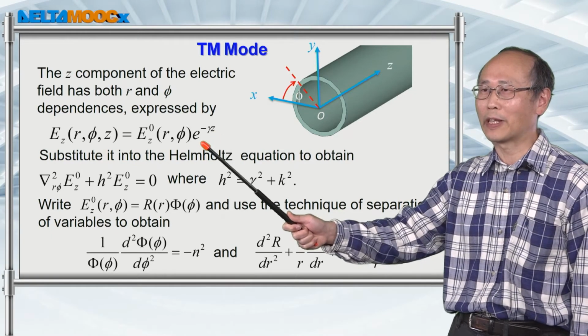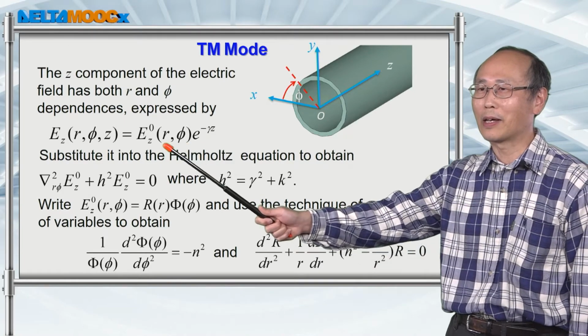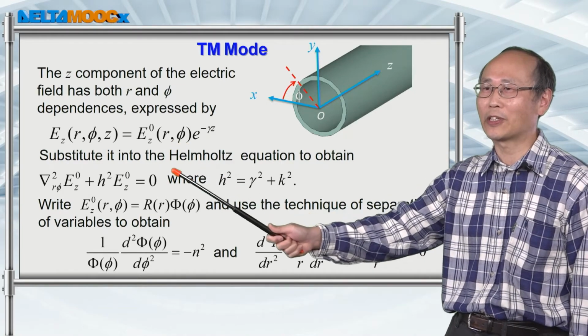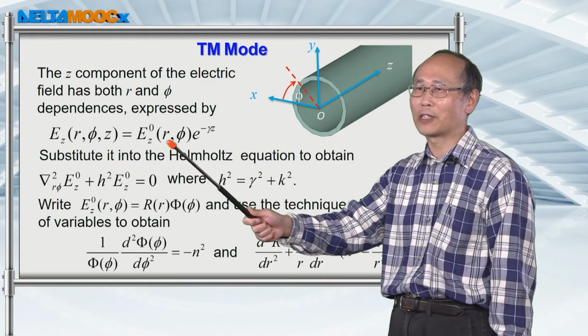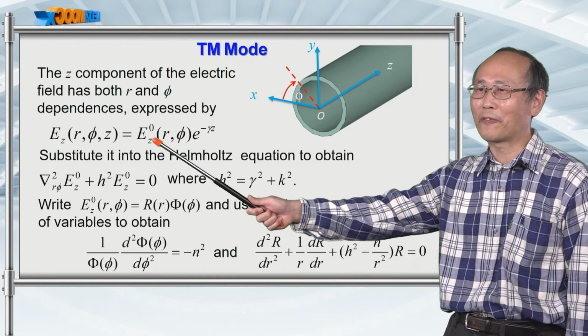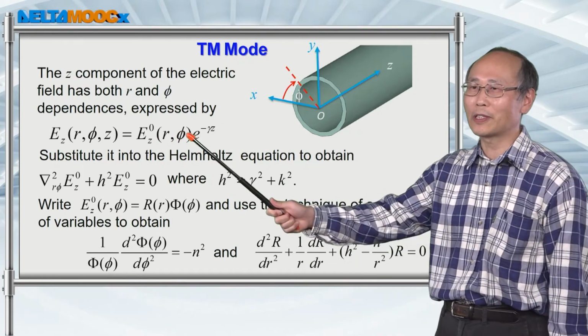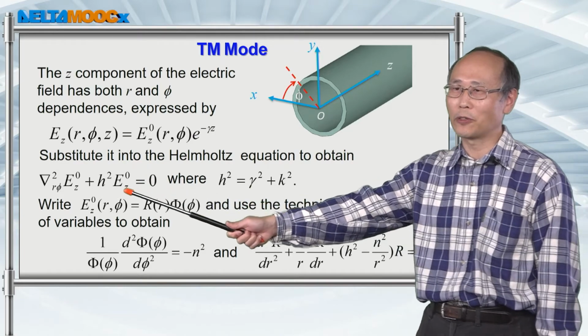So you put exponential minus gamma z here. And along the transverse direction, the field profile is going to be described by this factor as a function of r and phi. So you put this expression into Helmholtz equation.